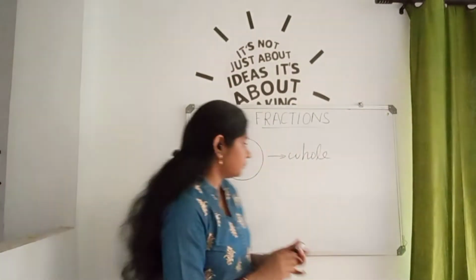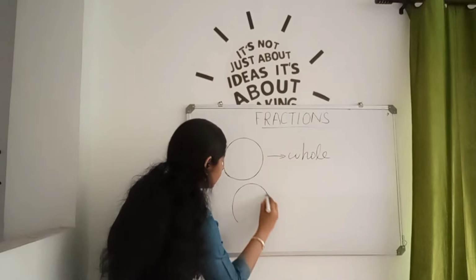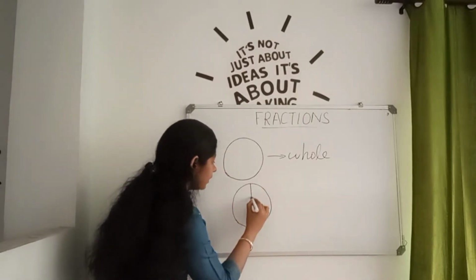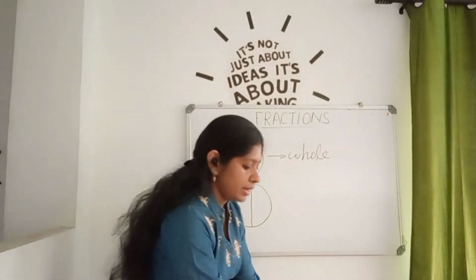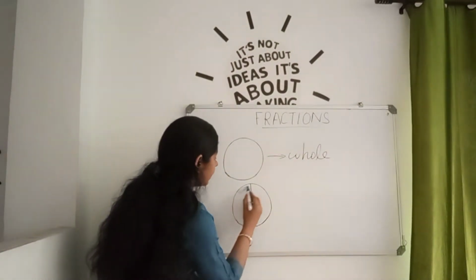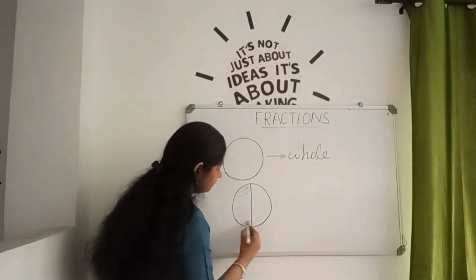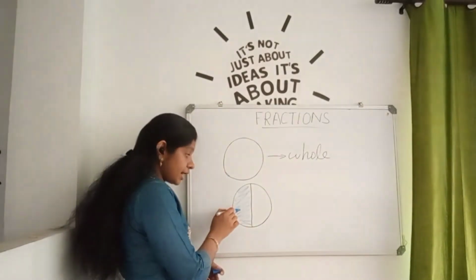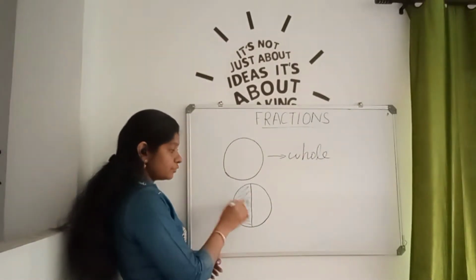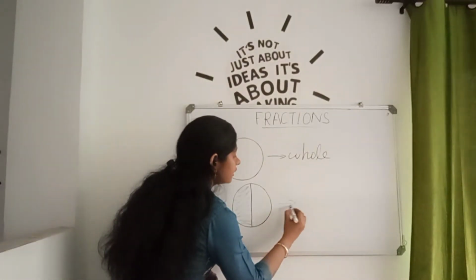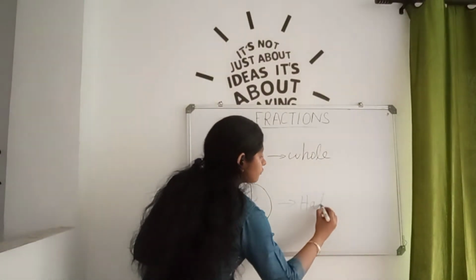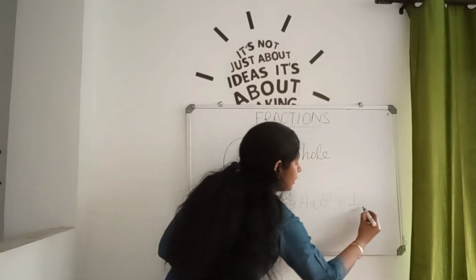That means, see here. One circle I am dividing into two equal parts and one part I am shading. So what is the fraction here? These are halves, right? The fraction is half or 1 by 2.